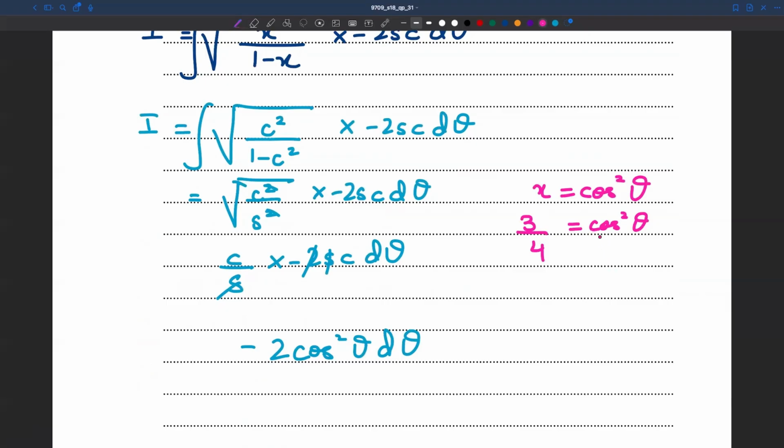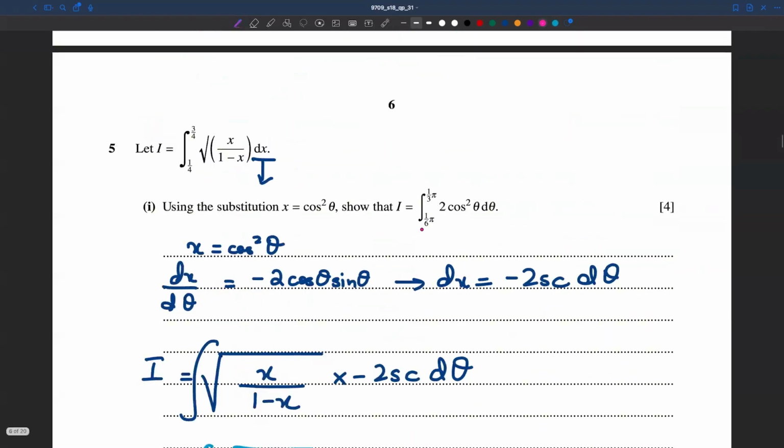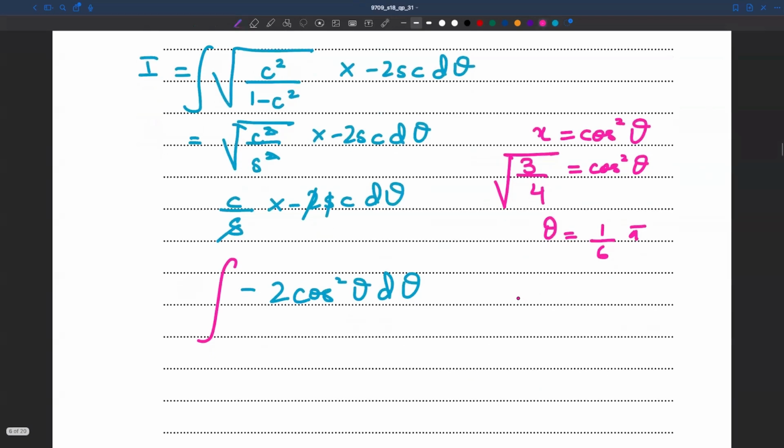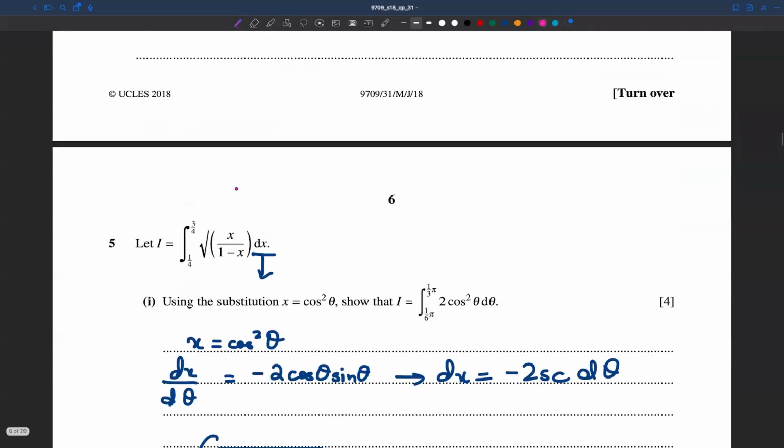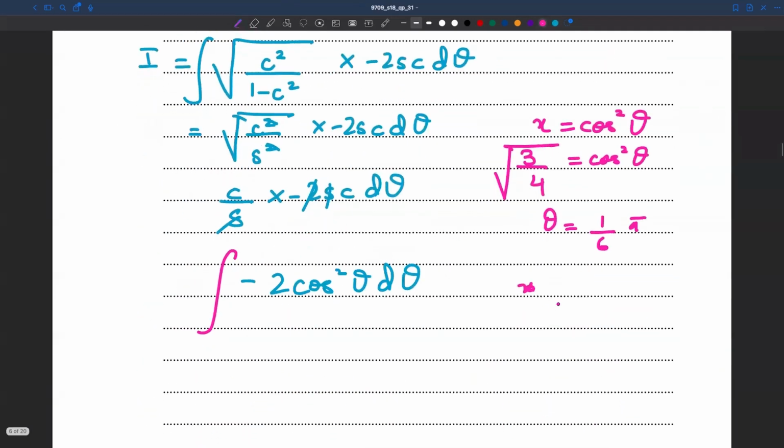So θ will be cos inverse of root 3 over 2, which is 1 over 6 π. This is what we had to show, 1 over 6 π. And the second value of x was 1 over 4. So take the root of 1 over 4 and then take the cos inverse.